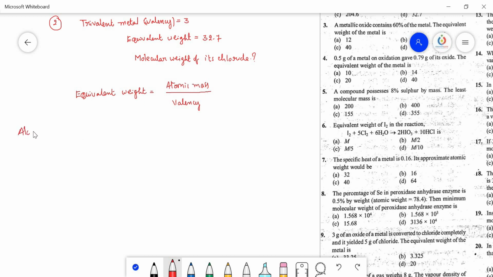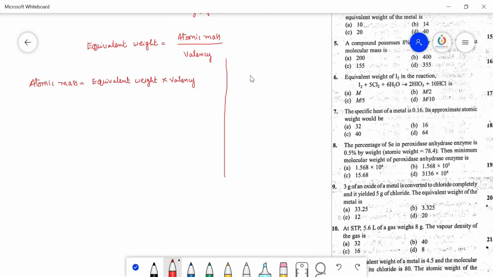So atomic mass is equal to equivalent weight into valency. Obviously the formula shall be MCl3, because they said metal is having 3 valencies. So metal valence is 3, so its formula must be MCl3.